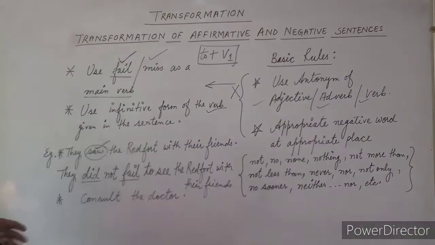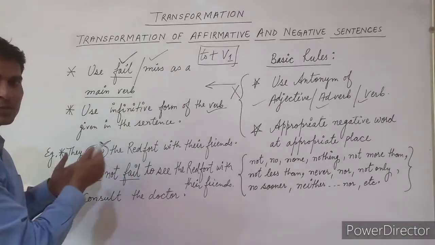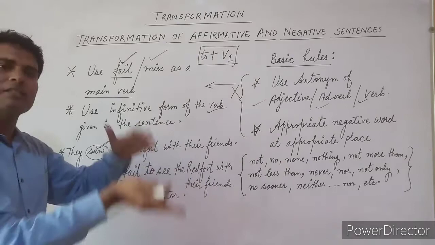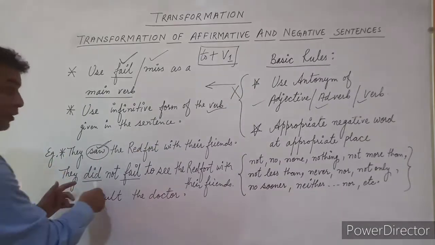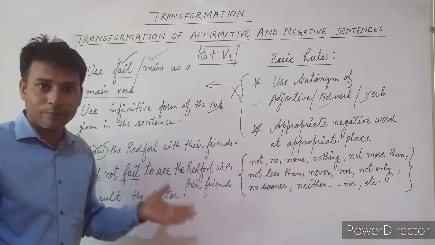Now you can see that it has been changed into a negative one without changing its meaning or sense. They saw the red fort with their friends means they saw the red fort, and they did not fail to see the red fort. The meaning has not been changed.